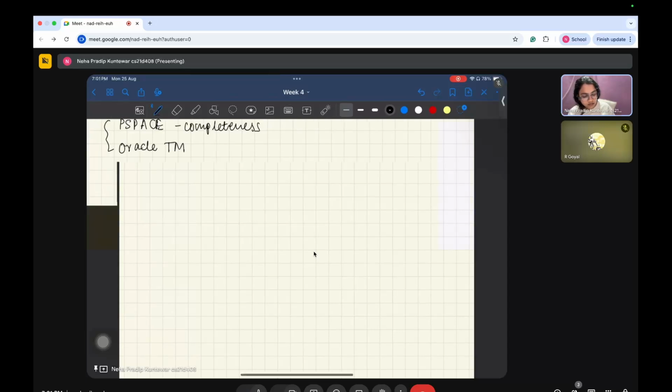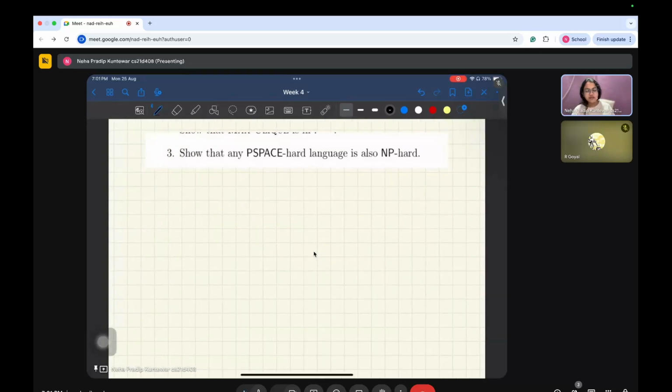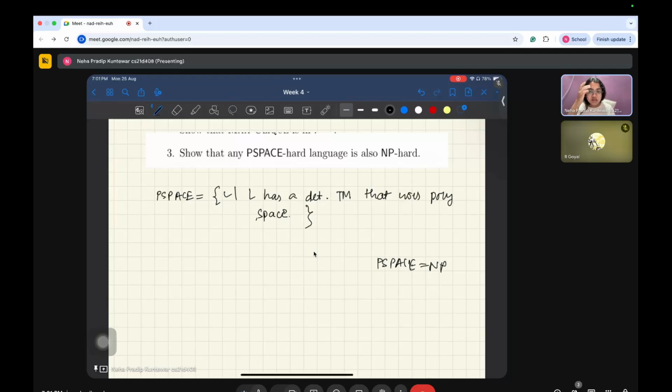Okay, so let's start with this question. P-space, that we defined last time, is simply the class of all languages that have a deterministic Turing machine that runs in polynomial space. We know that P-space is equal to NP-space. NP-space is the non-deterministic analog, where instead of the deterministic Turing machine you allow the non-deterministic Turing machine.